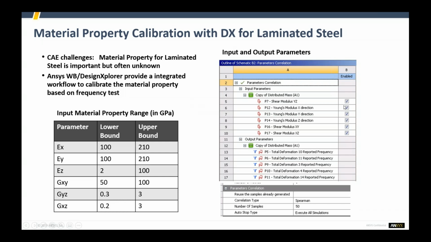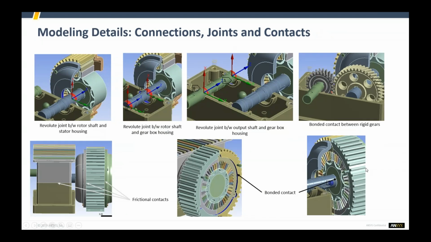In the engineering data, you can modify and calibrate your material property. Here are just a couple of diagrams to illustrate how the connections, joints, and contacts are defined and how they are taken care of.